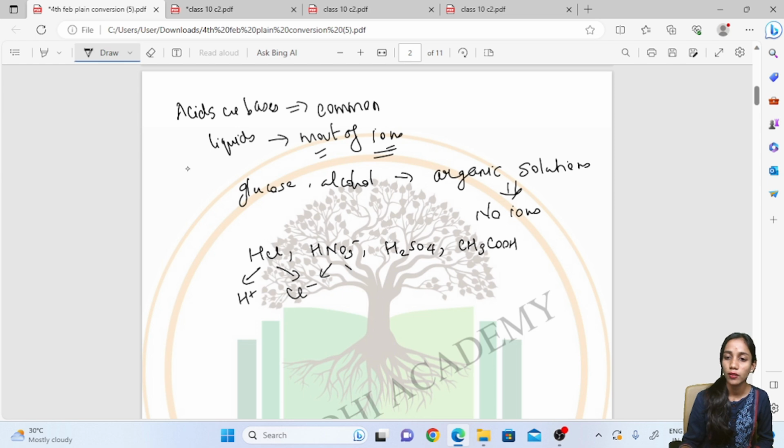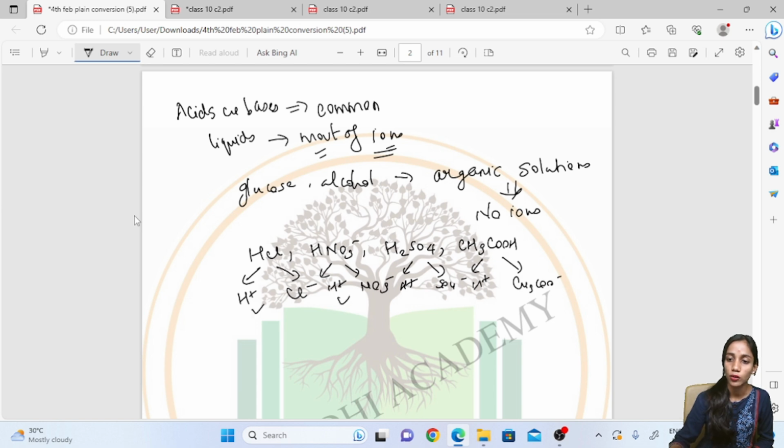Again over here it will be H plus and NO3 minus ion. Here it will be H plus and SO4 minus ion. And over here also it will be H plus and CH3COO minus ion.